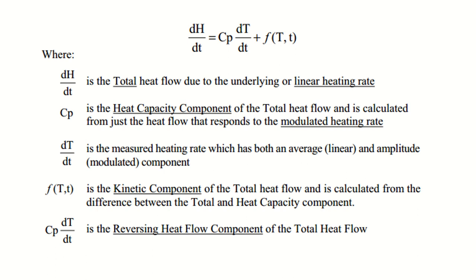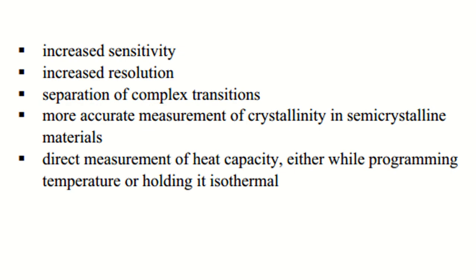While f(T,t) is the kinetic component of the total heat flow, calculated from the difference between the total and heat capacity components. Cp dT/dt is the reversing heat flow component of the total heat flow.